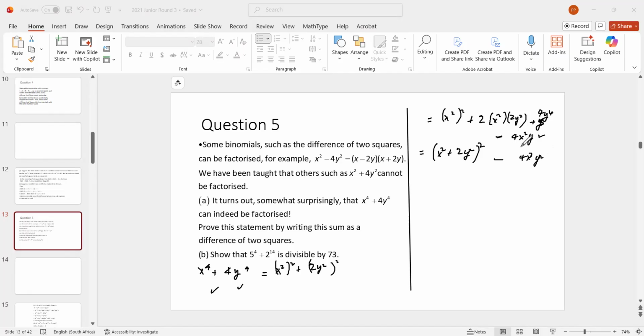If you add this number, you have to subtract it because you must respect the equal sign. But now this is x squared plus 2y squared all squared, and this is 2xy squared. 4x squared y squared is the square of 2xy. But you have a difference of two squares here now.